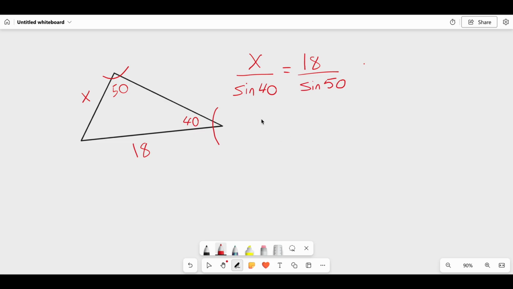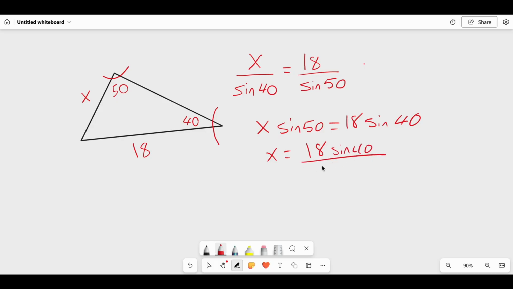So let's do this cross multiplication here, and we have x sine 50 is equal to 18 sine 40, and x is equal to 18 sine 40 divided by sine 50.